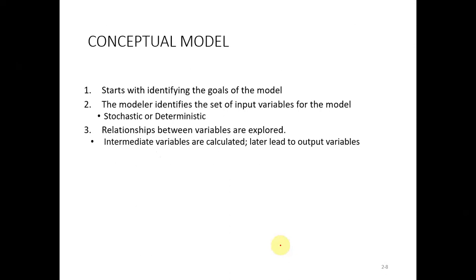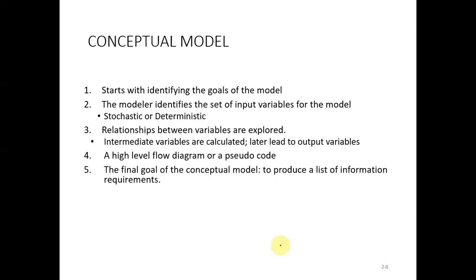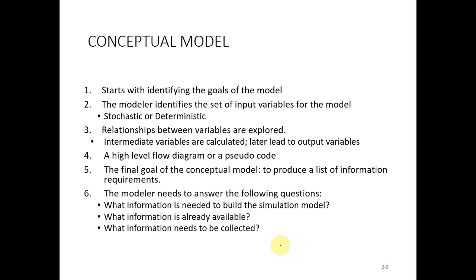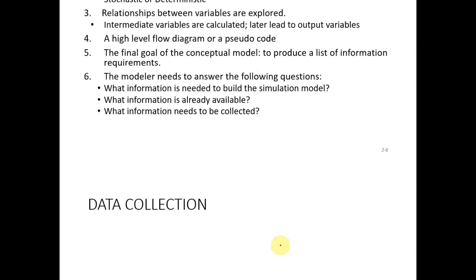Intermediate variables are calculated if required. A high-level flow diagram or pseudocode is prepared. The final goal of the conceptual model is to get a list of information requirements: what information is already available and what is not available and needs to be collected.